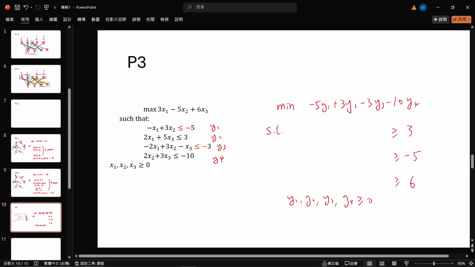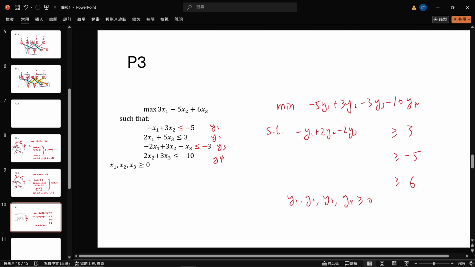So the coefficient of x1, we have minus y1 plus 2y2 minus 2y3. Okay, and for the last one, there's no x1. Okay, so this is the first constraint.